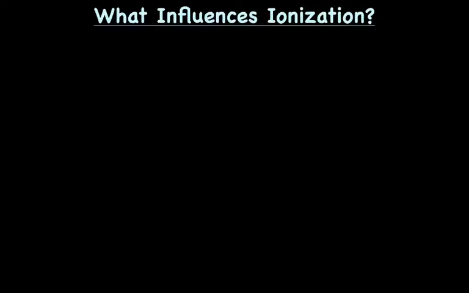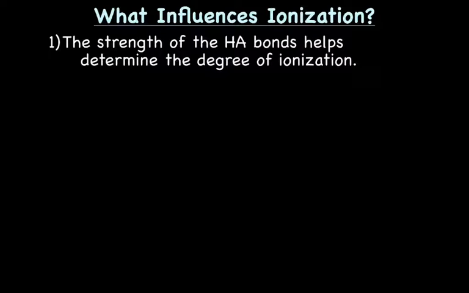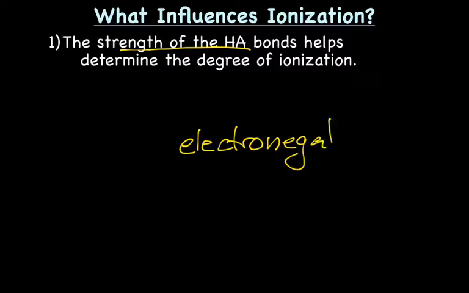Okay, so what are some things that influence ionization, or the degree at which an acid, this HA, breaks apart in the presence of water? All right, so the strength of the HA bond, the hydrogen with some anion, helps determine the degree of ionization. And remember, the strength of a bond often has to do with electronegativity differences between the H and the bonding anion.